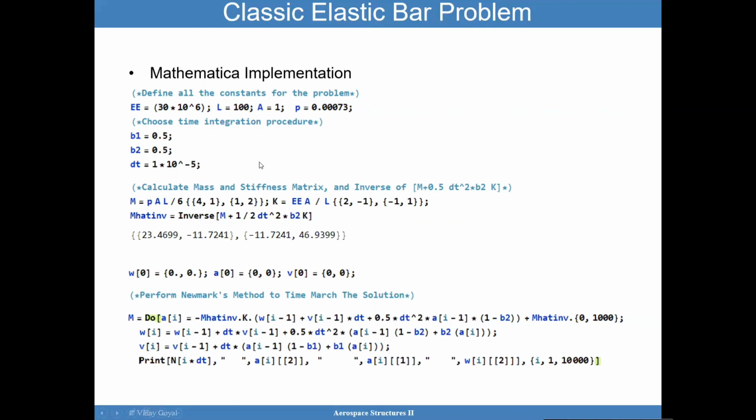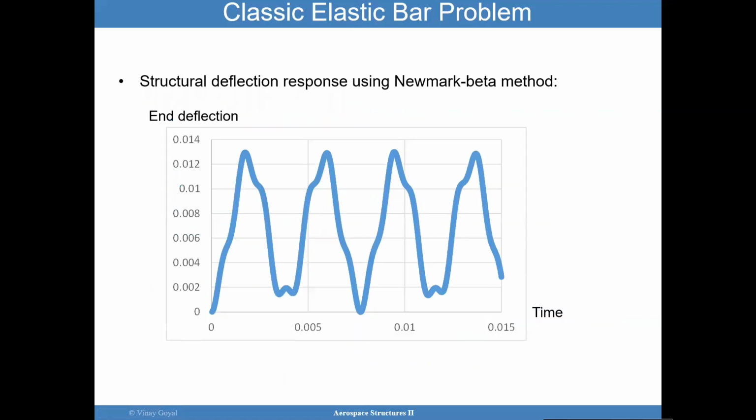And here you're going to see that I use all the same parameters as in the example problem. I can then plot everything. In this case, the end deflection is what I'm plotting here, and you can see the solution is periodic. You can see that these characteristics are repeating here, and this part is repeating here.